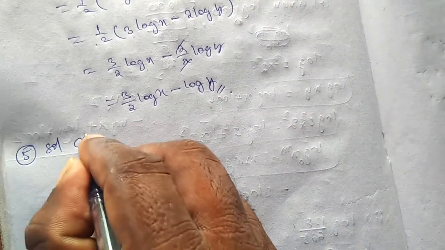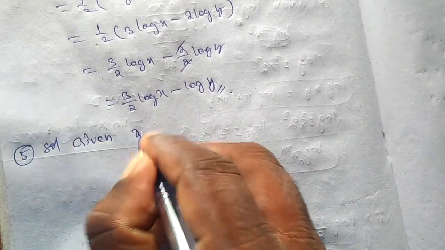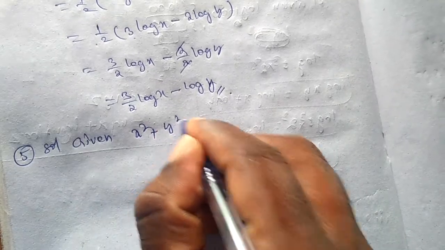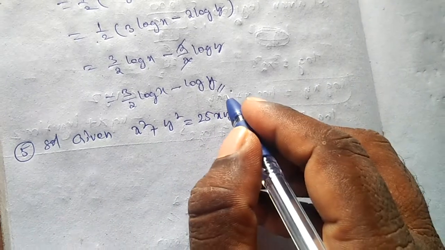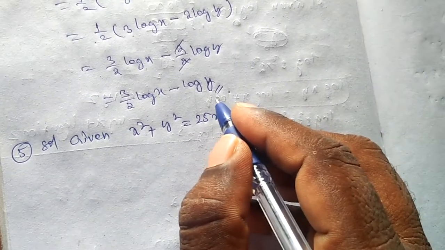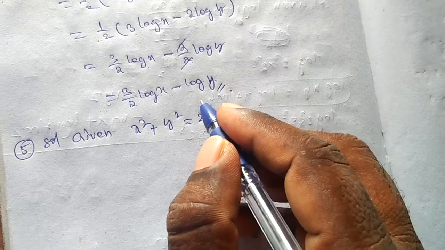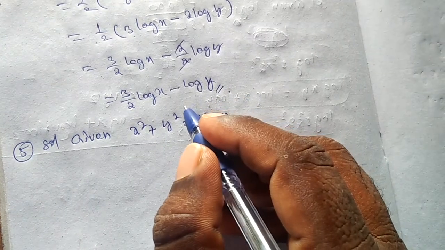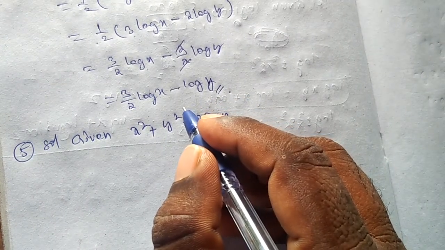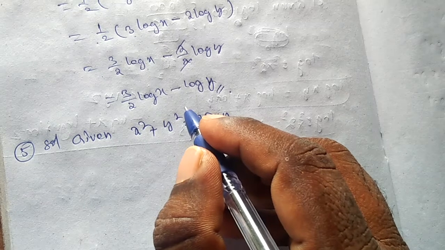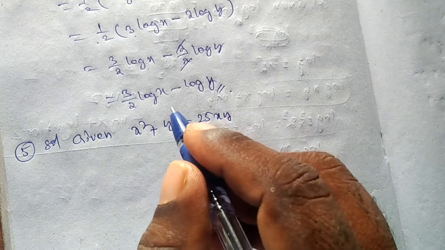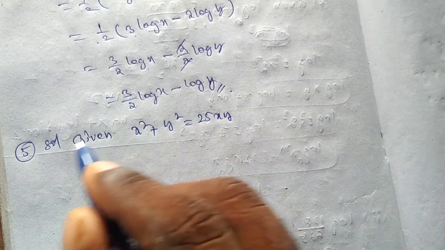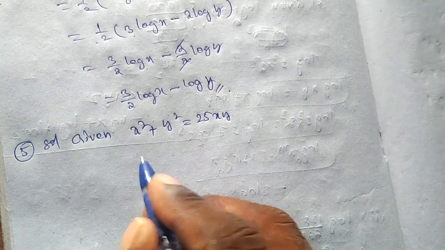Given x square plus y square is equal to 25xy, then we have to prove 2 log x plus y is equal to 3 log 3 plus log x plus log y.